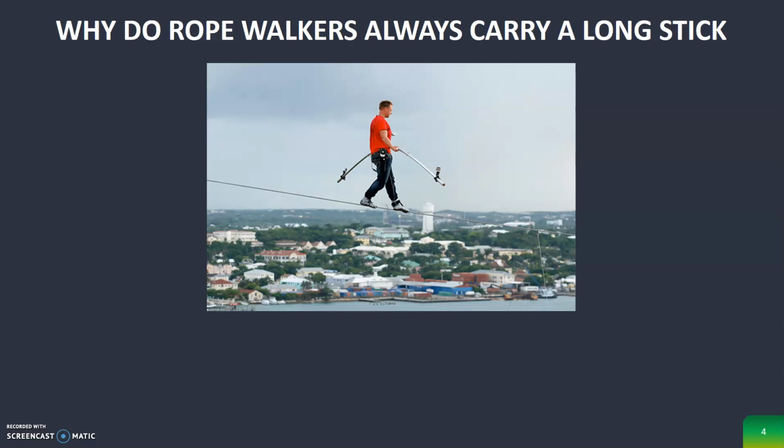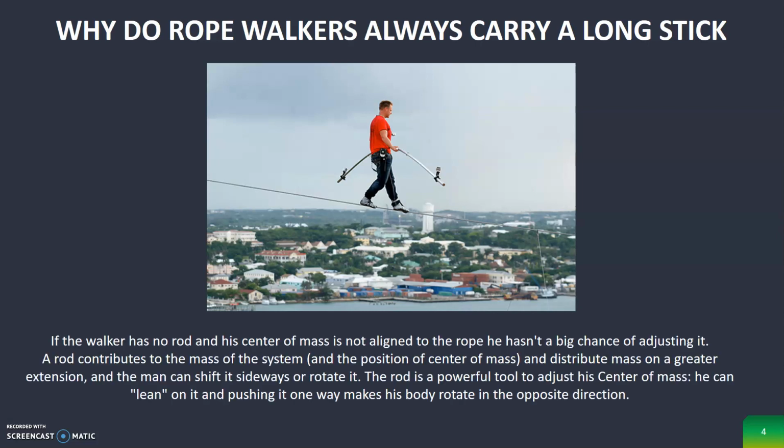So, how do rope walkers always carry long sticks? Well, it's because their center of mass is not located low enough. The stick adds extra weight, and because it is bowed down, it causes the center of mass to be lower, and in fact, sometimes it can actually be under their feet.